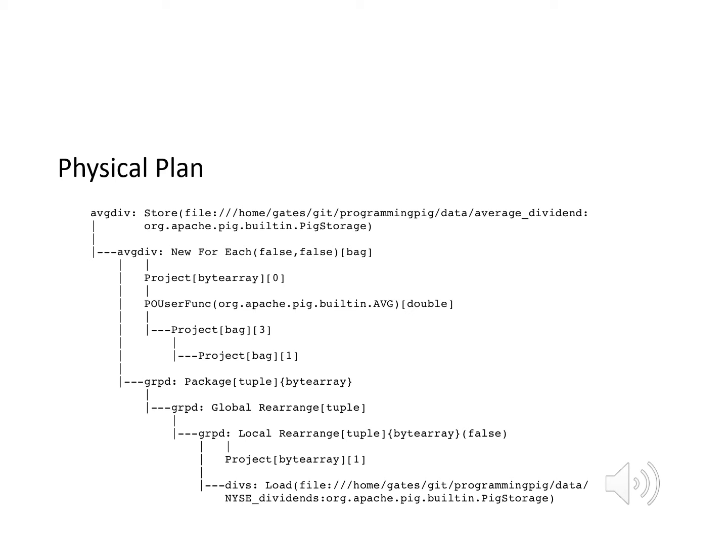The other difference is that the cogroup operator was replaced by three operators: local rearrange, global rearrange, and package. Local rearrange is the operator Pig uses to prepare data for the shuffle by setting up the key. Global rearrange is a stand-in for the shuffle. Package sits in the reduce phase and directs records to the proper bag.